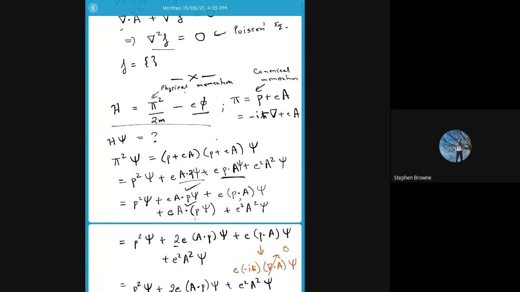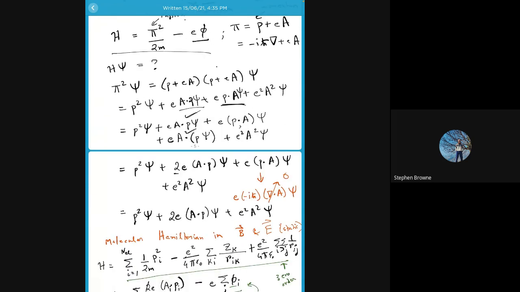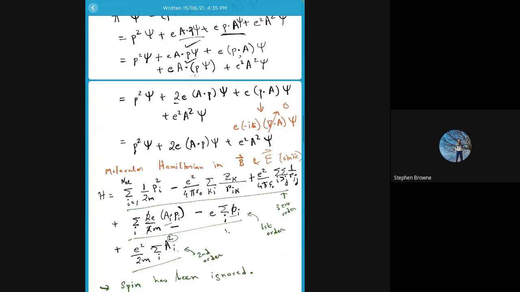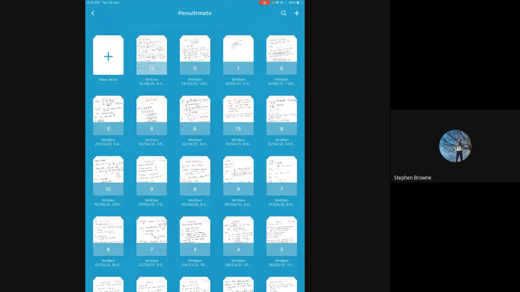Today I want to go back to the Hamiltonian and distinguish diamagnetism and paramagnetism in the context of quantum mechanics. It's not so mathematical today. So let's talk about dia and paramagnetism.